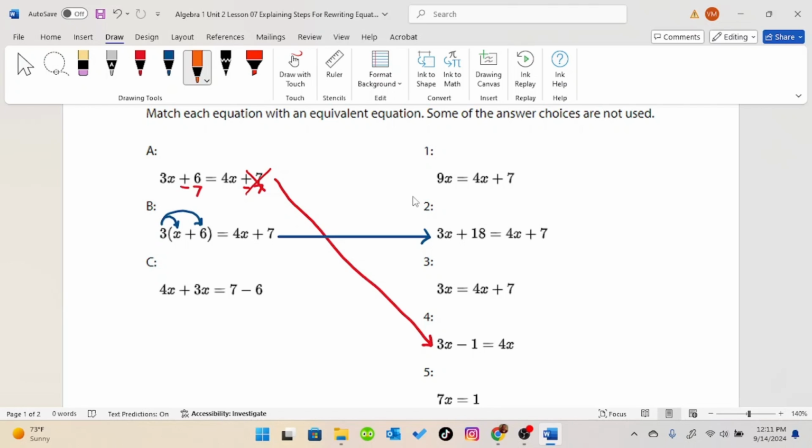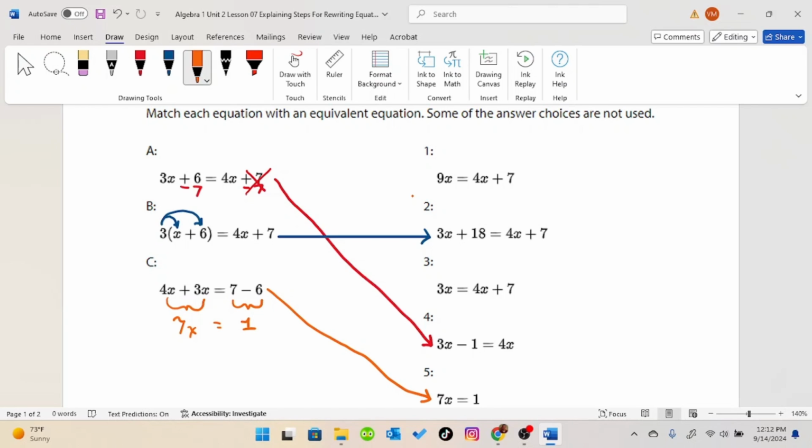So if I go ahead and combine them, then 4x plus 3x becomes 7x, and 7 minus 6 becomes 1. And that is exactly what we have for choice 5. So C is equivalent to 5.